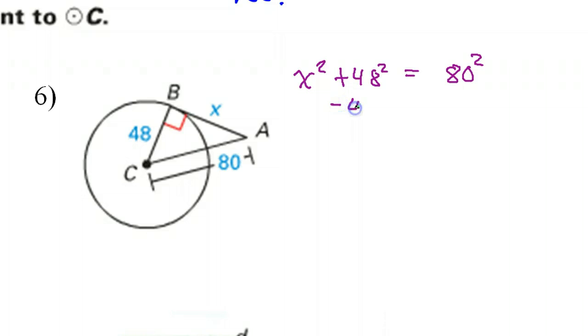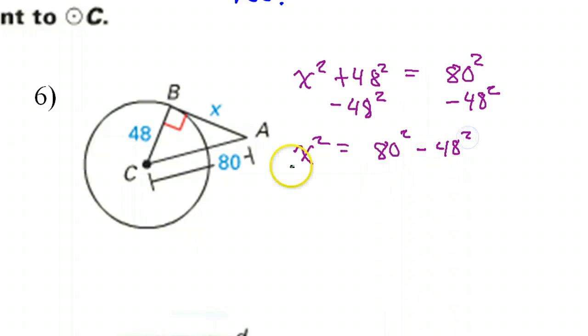Rather than squaring these numbers and getting these big numbers, I leave them in this form and I just move them around. So I'm going to subtract 48 squared from both sides. That gives me x squared is equal to 80 squared minus 48 squared.